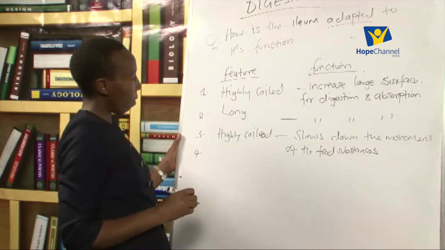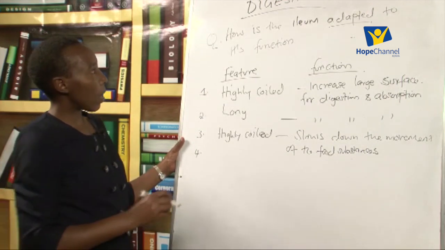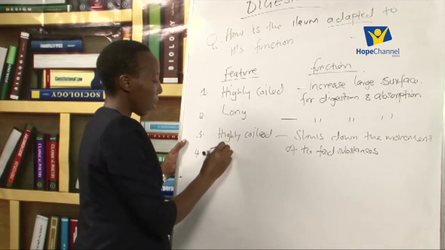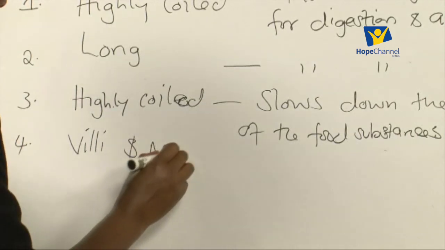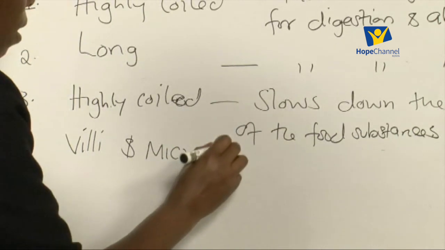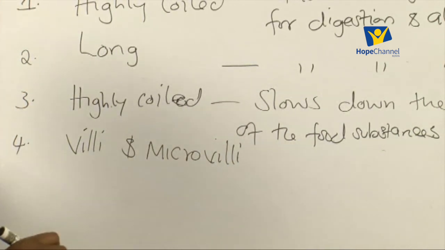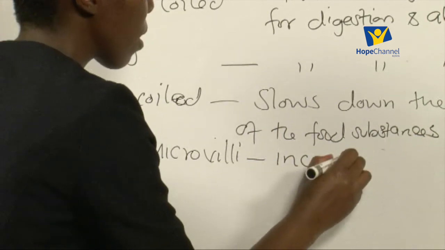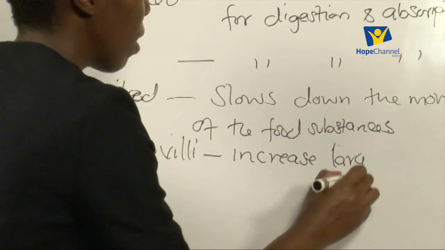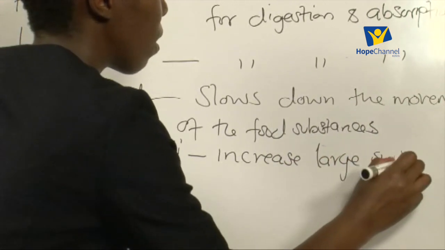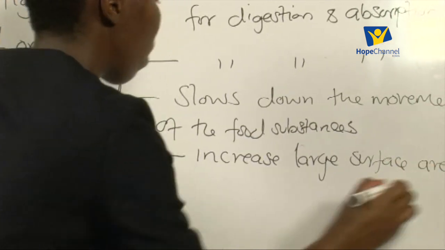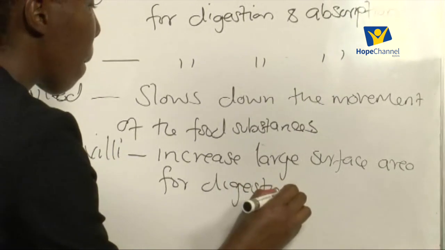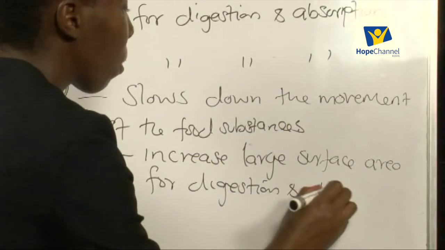Feature number 4, you realize that the ileum has what we call the villi and the microvilli. The villi and the microvilli also increase the large surface area for digestion and absorption.